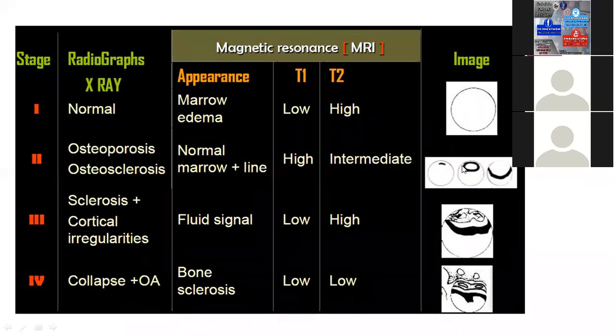The line is complete, or a circle, or half diagonal. And then the fluid signal is more. So it would be low and high, and the heterogeneous part of that area has heterogeneous bright and black signal in T1, T2, STIR and gradient. And then we have cortical irregularities and affection of the acetabular roof.